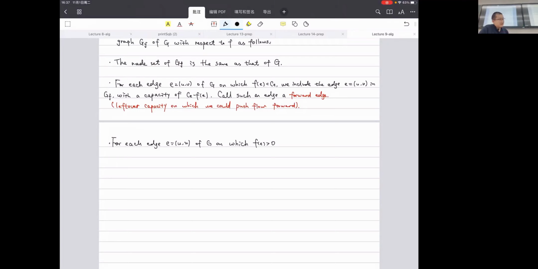If the current f(e) already equals zero, there is only a forward edge. You cannot take anything back, so there should not be any backward edge. But as long as f(e) is strictly larger than zero, we can include an edge.